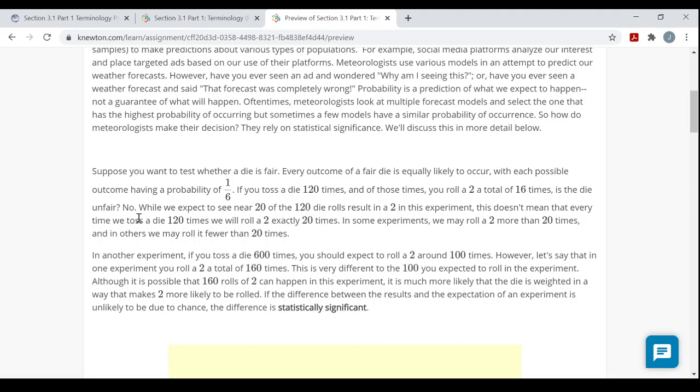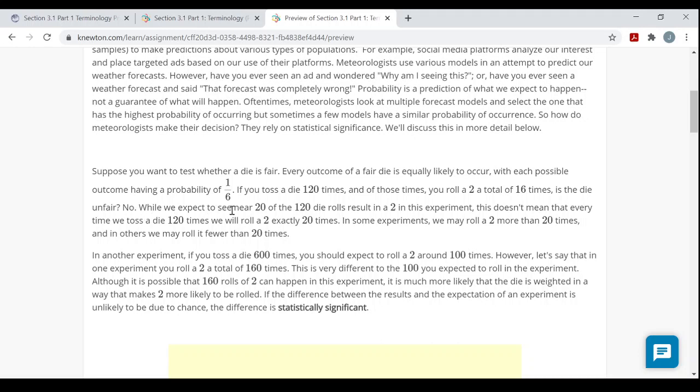No. Because you'd expect, remember I said each one you'd expect around 16, 17 times? If this is 120 times, a sixth of that would be 20 times. This is close to 20. It's not that far off of 20. So if you rolled 120 times, you'd expect about 20 to be 2s. So 16 of them being 2s isn't that far off.